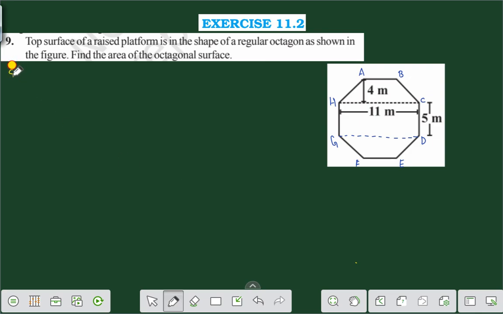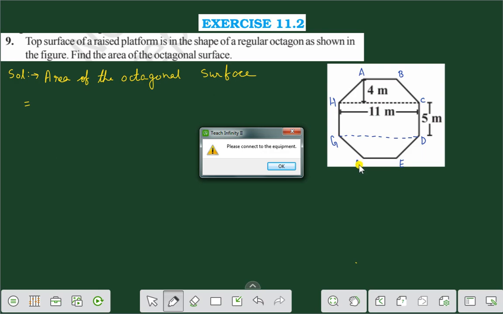Here we are finding the area of the octagonal surface, which is equal to the area of ABCH, area of ACDG, and area of GDEF, right?